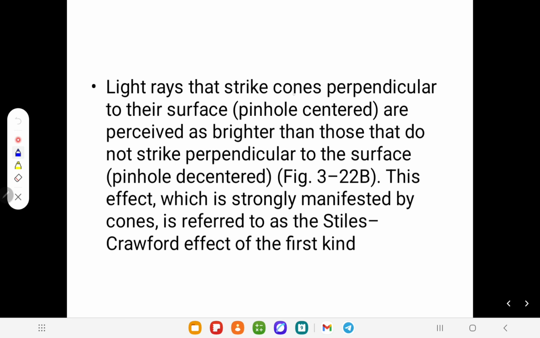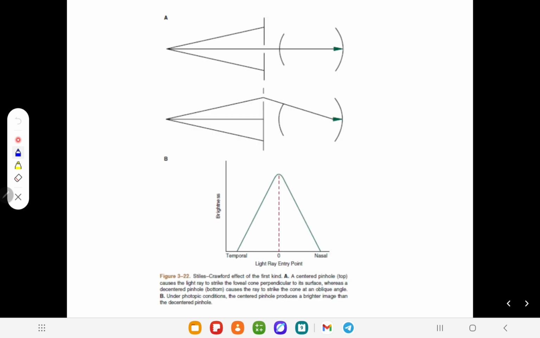So, light rays that strike the cone perpendicular to their surface, that is pinhole centered, are perceived as brighter than those that do not strike perpendicular to the surface. Okay, pinhole decentered. So, in this picture, the pinhole is used to decenter the light and to center the light, and there is nothing to do with the principle of pinhole.